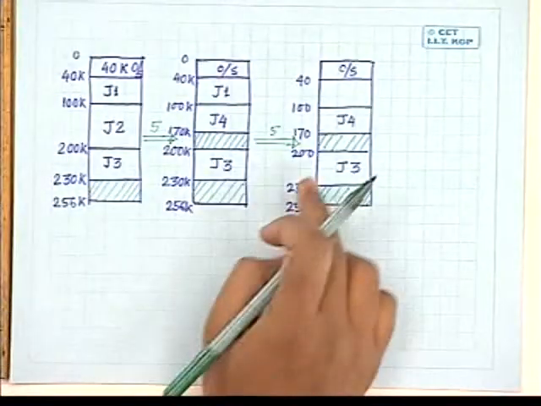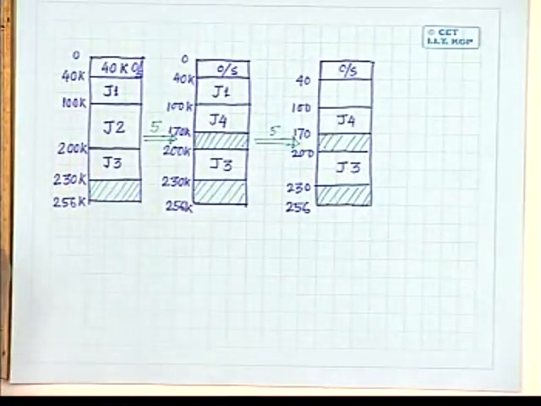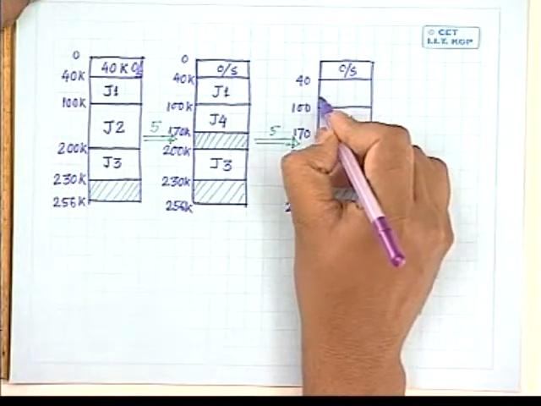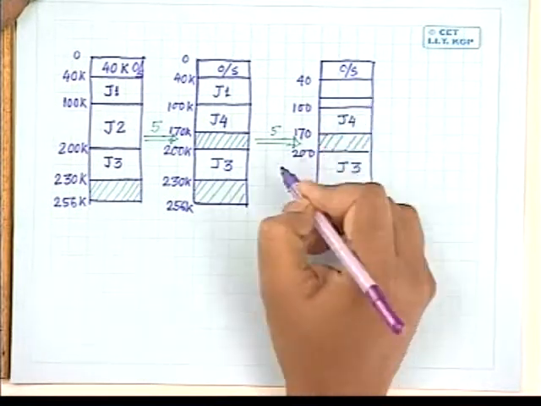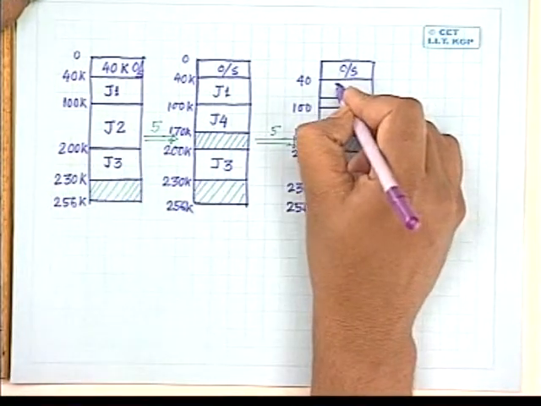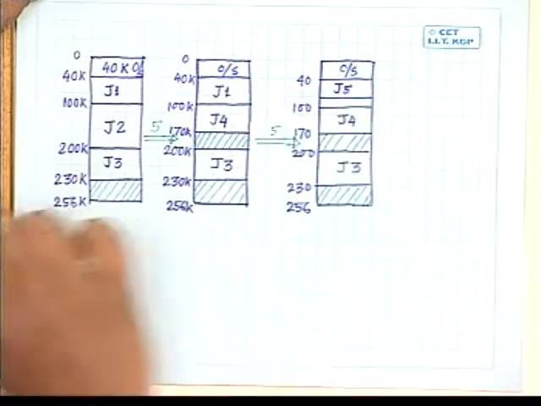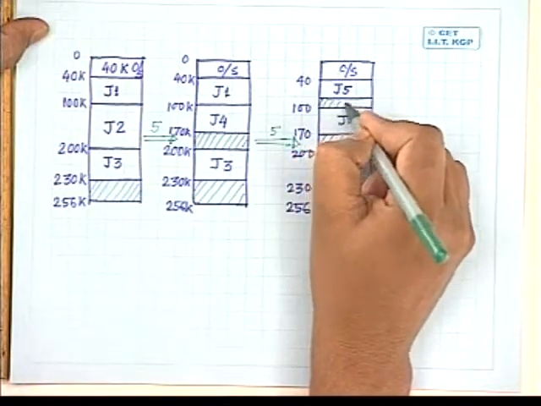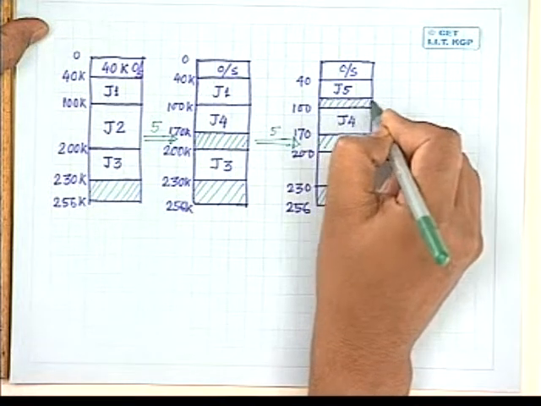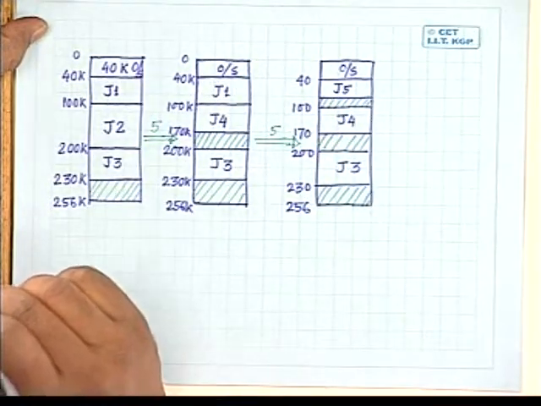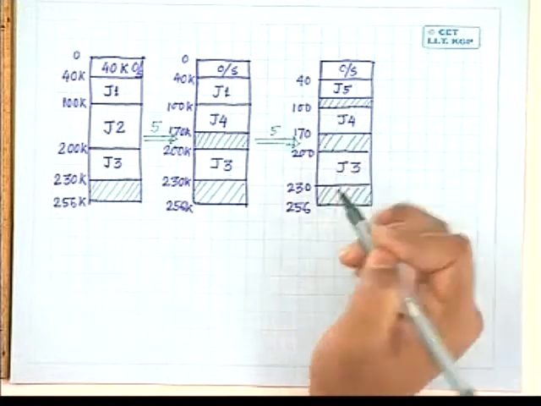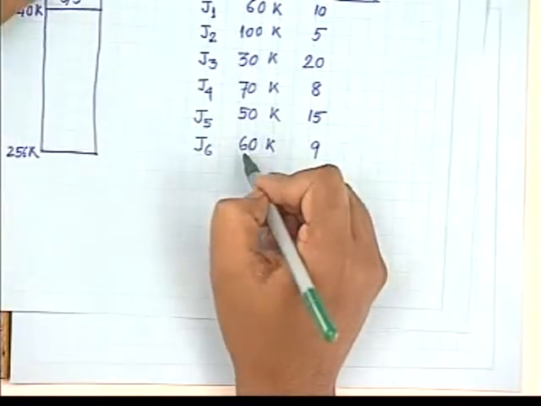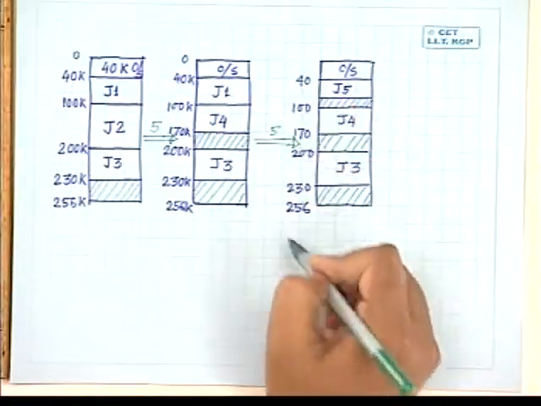So what I can do is, again, this free partition can be divided into two partitions. One of 50K, which will be allocated to job J5, and the remaining 10K will be available as a free partition. Okay. Again, after some time, when sufficient memory is available, I can allocate job J6, but job J6 cannot be allocated at this moment.